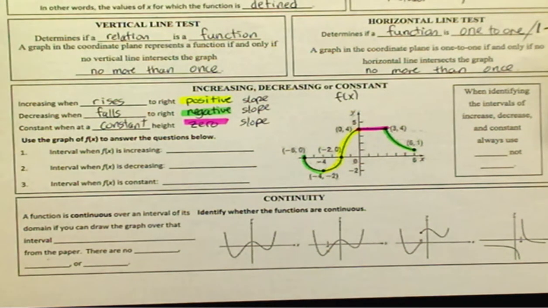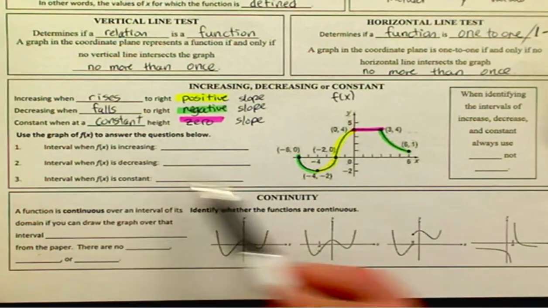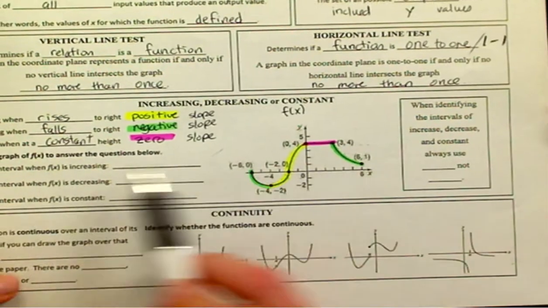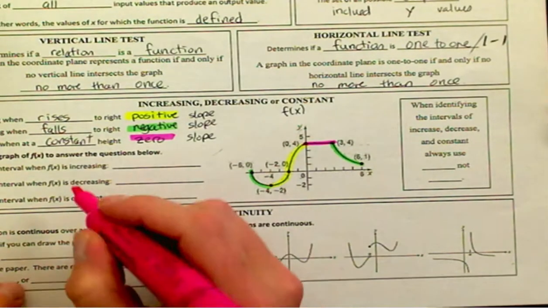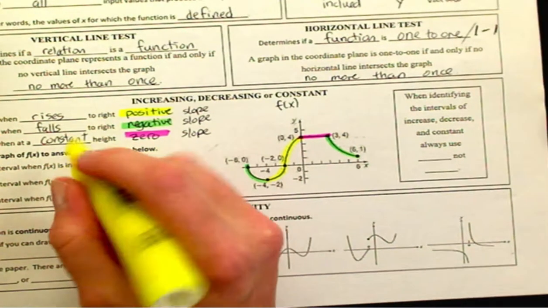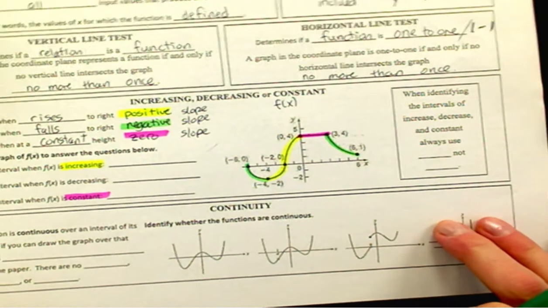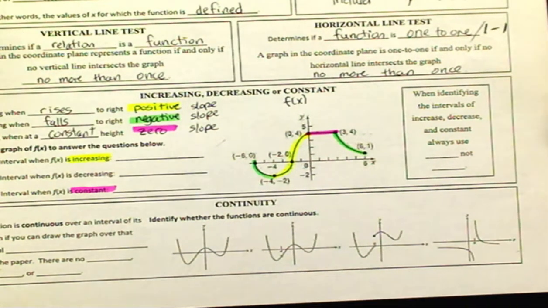Because you have to have a way to describe where the characteristic is happening. All right, see that? Using the graph called f of x, answer the questions. Where is it constant? Where is it increasing? We've already highlighted the portions of the graph. Now you describe the domain that corresponds to it.